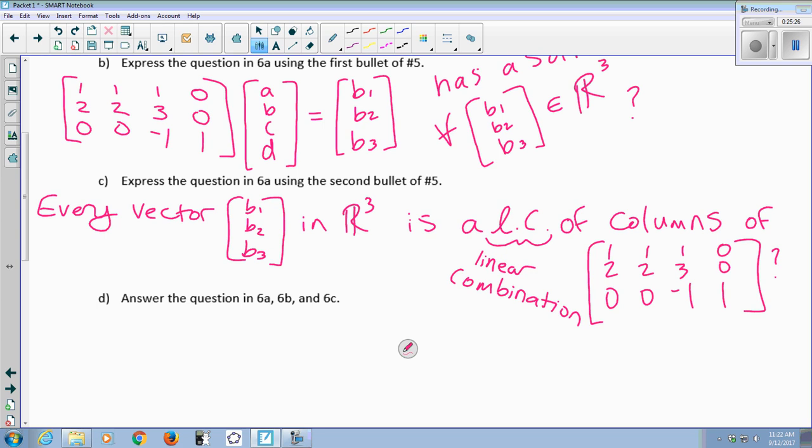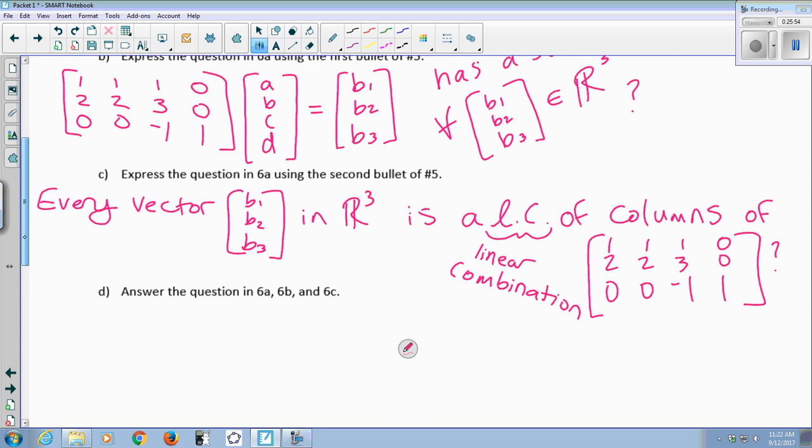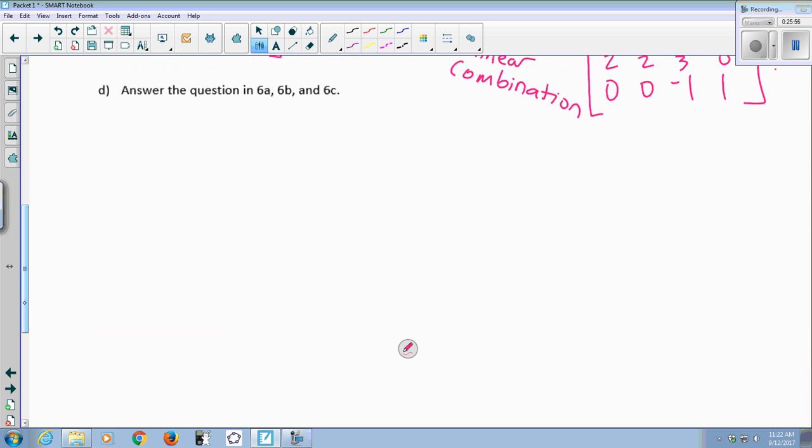Can you always find weights A, B, C, and D to build any vector in R3 you want? So we've done this where I give you a vector B1, B2, B3 and say, can you find weights? But is it possible to say that you can do this no matter what B1, B2, B3 I give you? So we've done this for specific ones. We want to see what happens if I do it for a general.